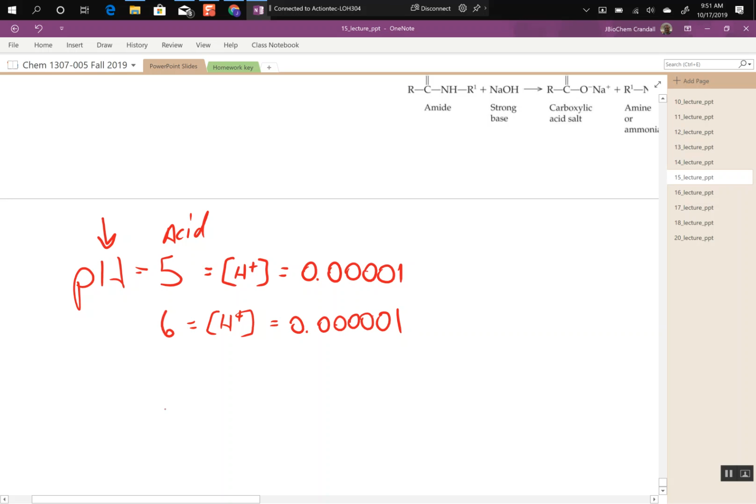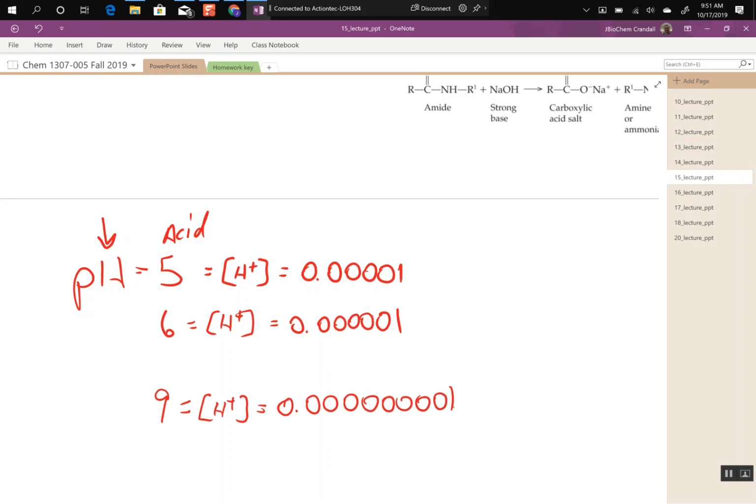If I have a pH of 9, that's how small the H plus ion concentration is. At a pH of 9. That's a really small number. Okay? So, but if the H plus ion, oh, by the way, is that basic or acidic? Basic. So that means that if the H plus is getting lower, what's getting greater? OH.